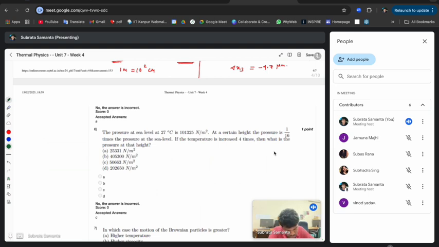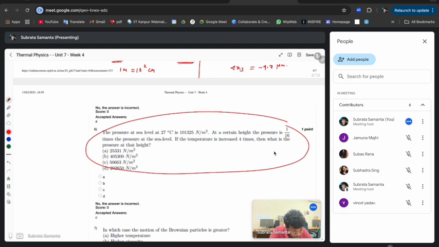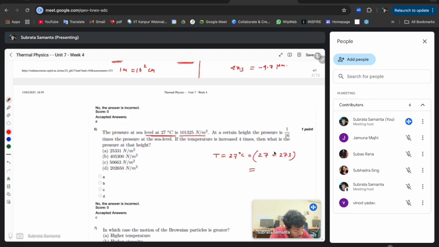So the next one is problem number 6. The pressure at sea level at 27 degrees centigrade is given as 1013. So first note down the temperature. T is 27 degrees centigrade, so it's 27 plus 273, which is basically 300 Kelvin.